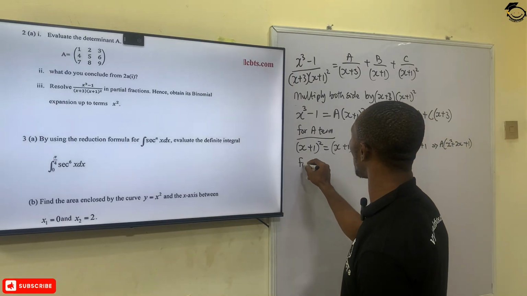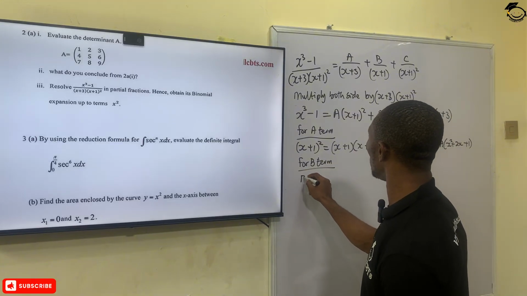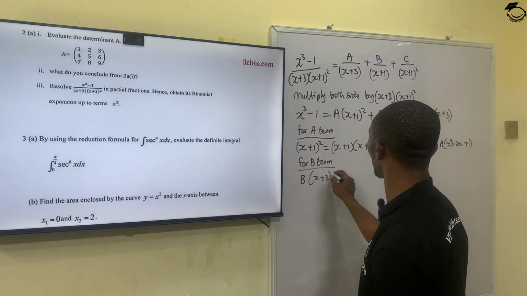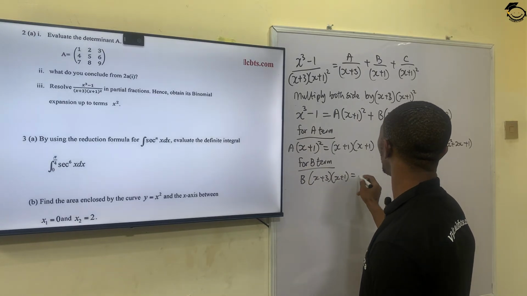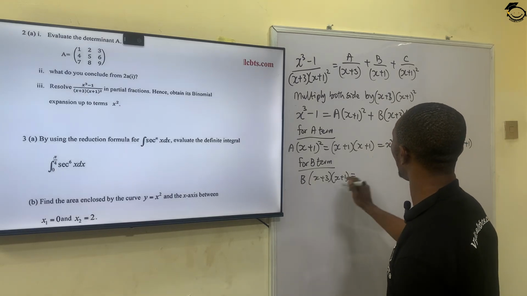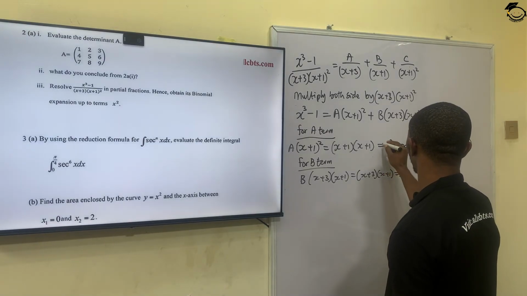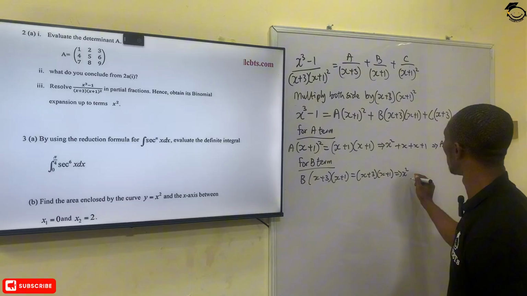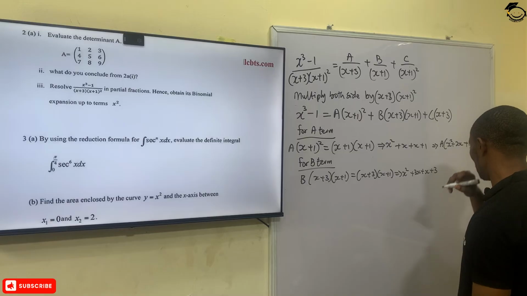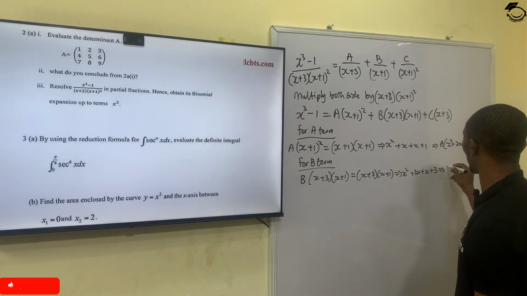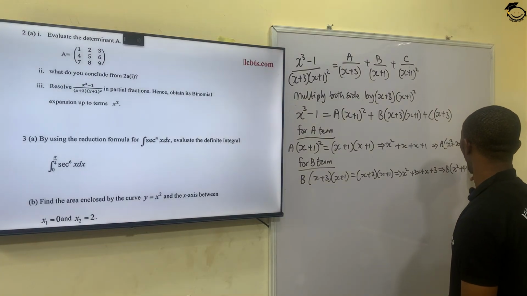Okay, so for our B term, we have it as B bracket x plus 3, x plus 1, which if we expand, we have x plus 3, x plus 1, which gives us x squared plus 3x plus x plus 3, which we have as B bracket x squared plus 4x plus 3.